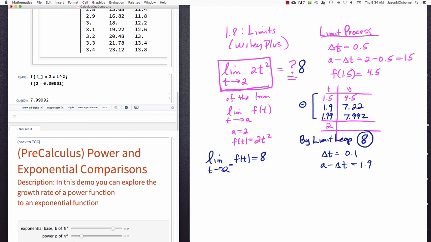Okay? What we need to do now is look at numbers from the right, which means we need numbers like 2.001 and 2.1 and 2.5. Take numbers from the right of 2.